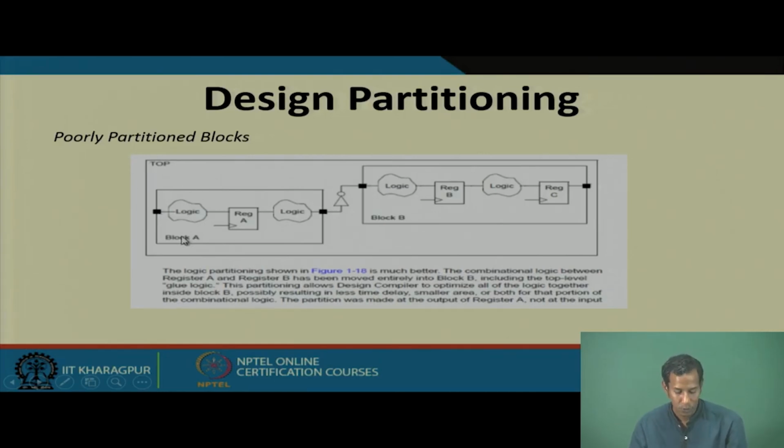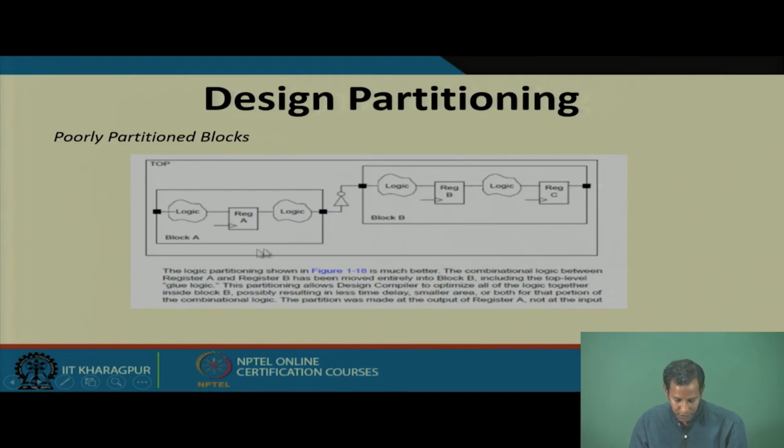At that time you see the output of this block A is combinational logic. Then it passes through one inverter and then goes to another logic of block B, and then the reg, then the logic and then the reg C. So, whenever we connect this block A and block B, this particular path will be the critical path.